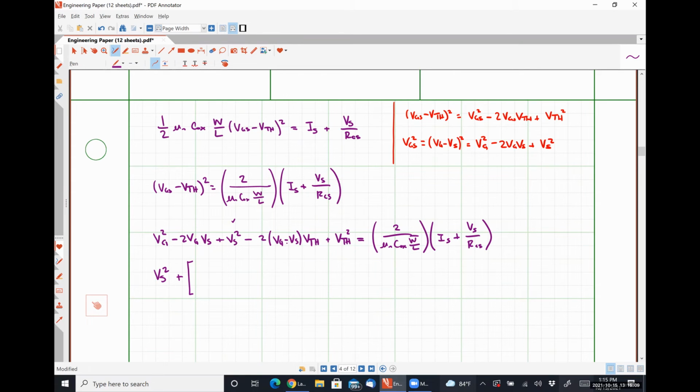So I'm going to say that I have a -2 times a negative VS times a VTH. So that's going to look like twice VTH from this part right here. I'm going to have -2 VG from this guy right here. And then I'm going to have a -2 over mu n Cox W over L times RCS over here.